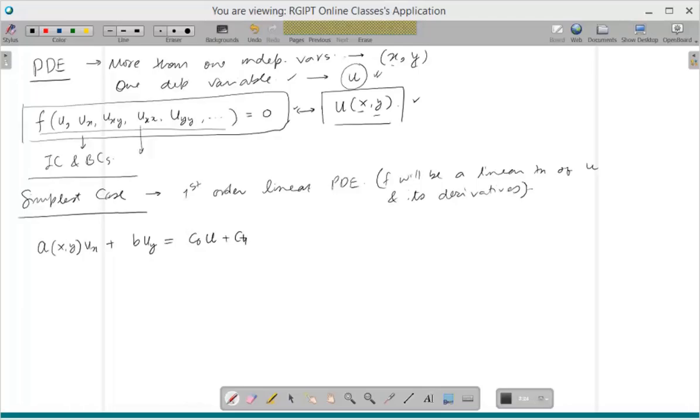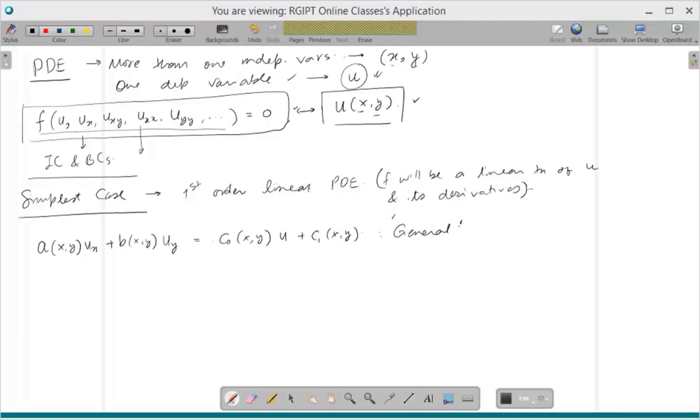This is the most general kind. Here, let me be explicit: c0 and c1 can be functions of x and y, and a and b are functions of x and y. So a ux plus b uy equals c0 of x, y times u plus c1 of x, y. That would be your general form.